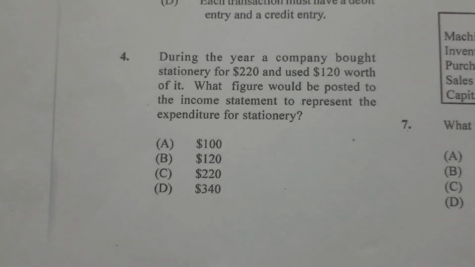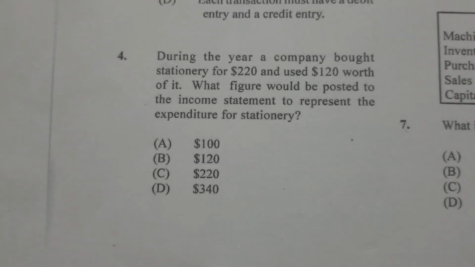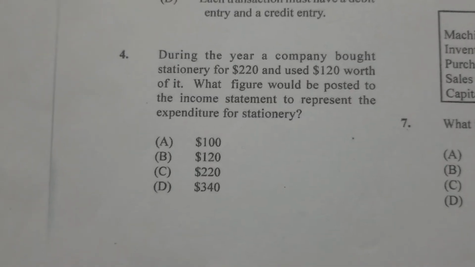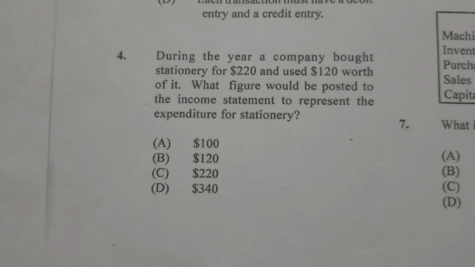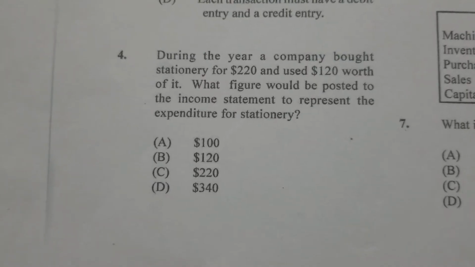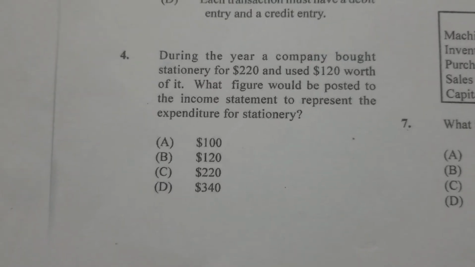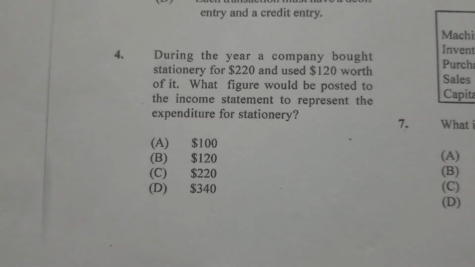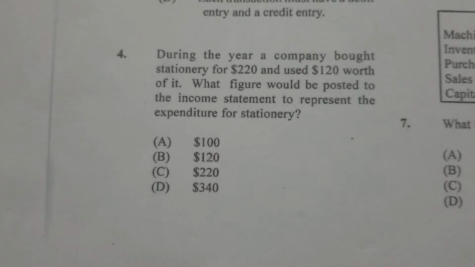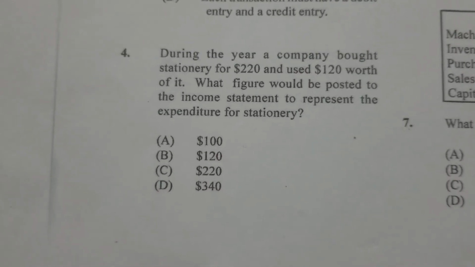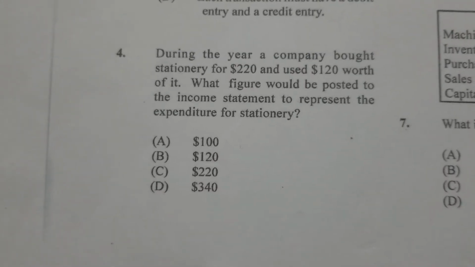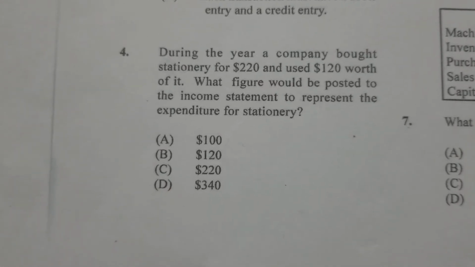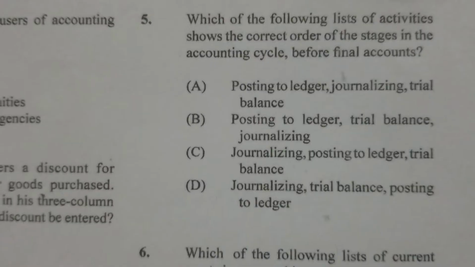Well, based on the question, how much stationery did we buy? What's the value of the stationery that we have purchased? The answer is 220. So if we bought the stationery that cost 220, the total is an expense to us. It's not how much we have used, but rather how much we had spent to buy the stationery. Therefore, the appropriate answer would be C.